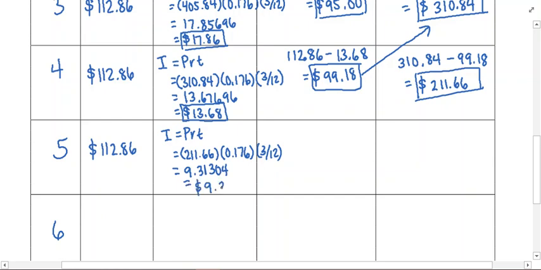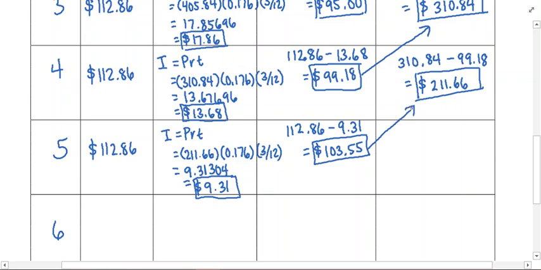So $9.31 worth of interest has accrued. Your 5th payment will immediately go towards paying off this $9.31 worth of interest. Then subtract it out to see what's left, $103.55. That remainder will be used to knock down this balance.